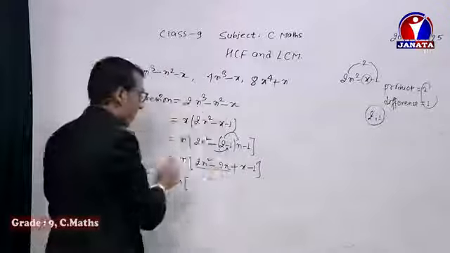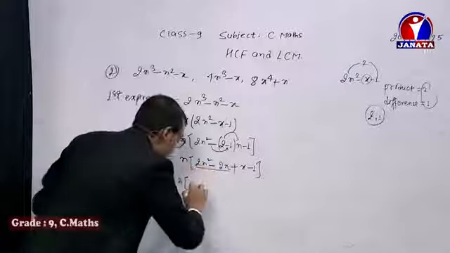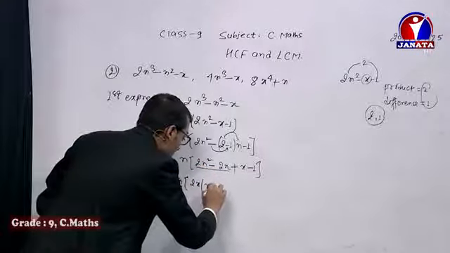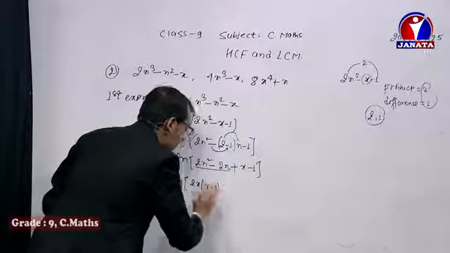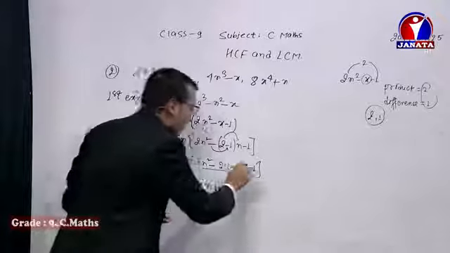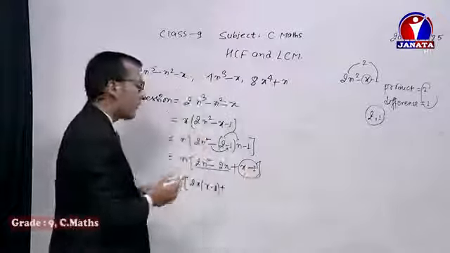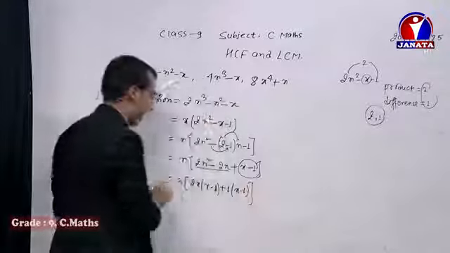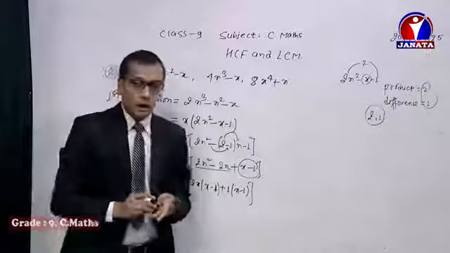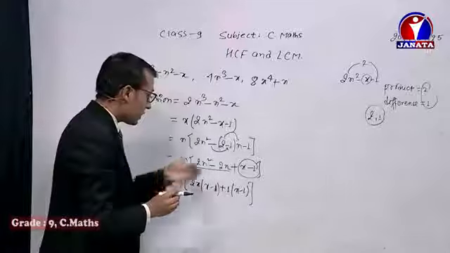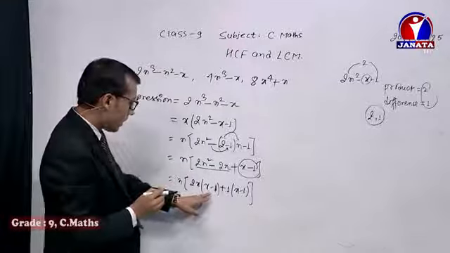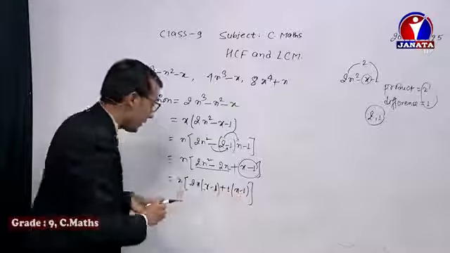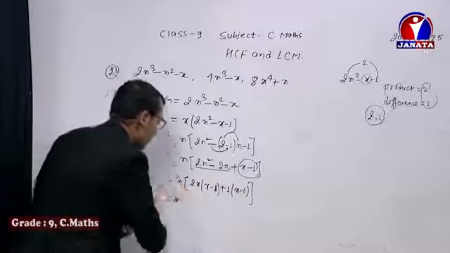Now we can take pairs of terms, the first two terms and the next two terms, for factorization. Let's take common from 2x square and 2x. 2x is common, x minus 1, plus what is common from these two terms? There is no common factor, so 1 is always common, x minus 1. Again, let's see what is the common factor. x minus 1 is the common factor, so x as it is.